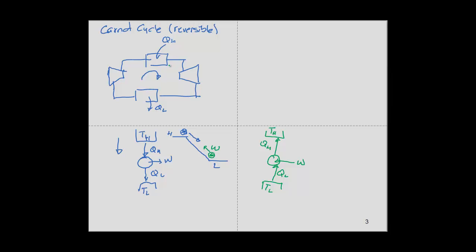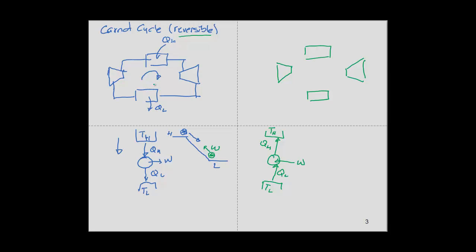So why do we start with the Carnot cycle? Because as we said, all of these components are reversible. That means that we can go back to the original state without leaving any trace in the universe. More important than that is that we can reverse it. I mean, we can work the operation in the other way. So I'm going to draw exactly the same. This is a turbine. This is my compressor, heat exchanger, heat exchanger.